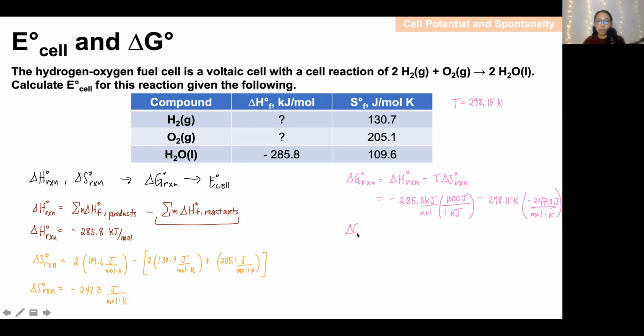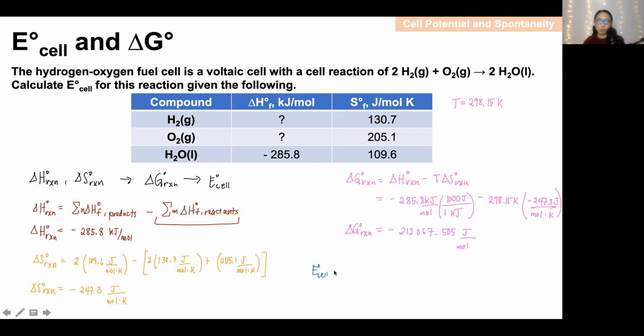So our Gibbs free energy change for this reaction is equal to negative 212,667.505 joules per mole. So now we can compute for the standard cell potential.